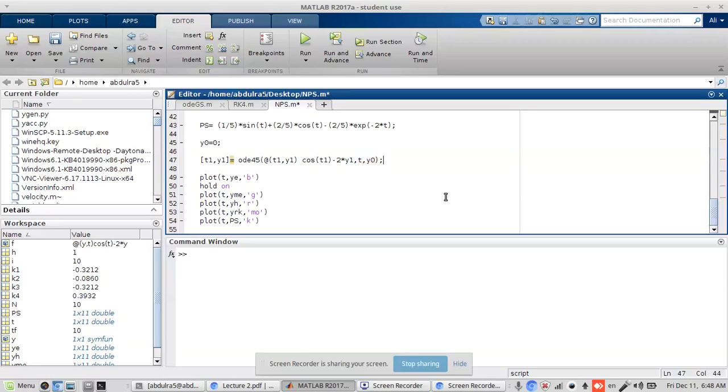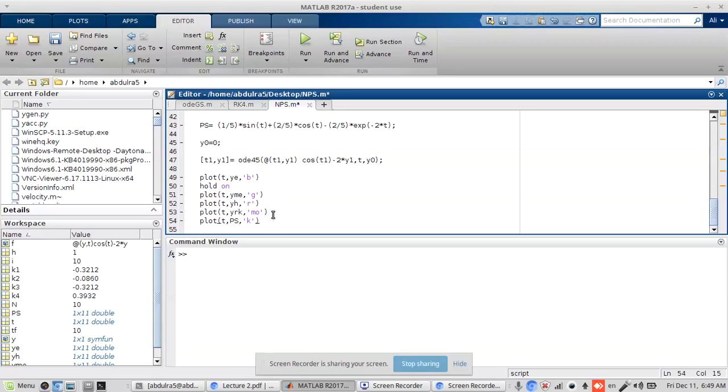Okay. So if everything is correct here, I am evaluating the numerical solution of this ODE with this initial condition and this interval for t by using this command ode45, which is for non-stiff ODE.